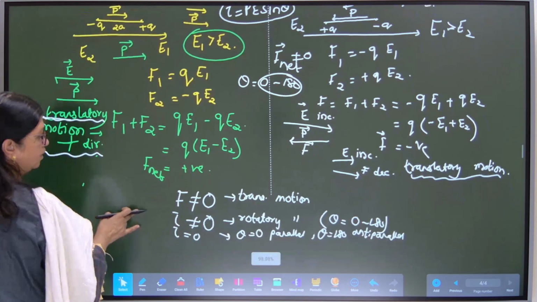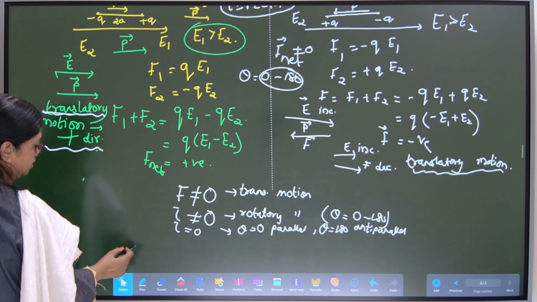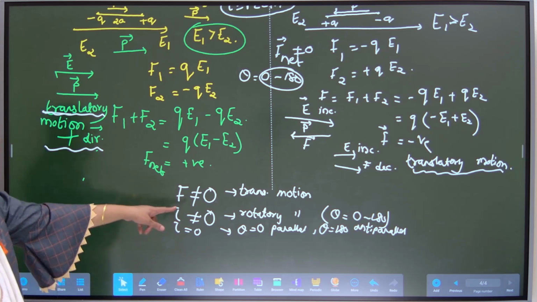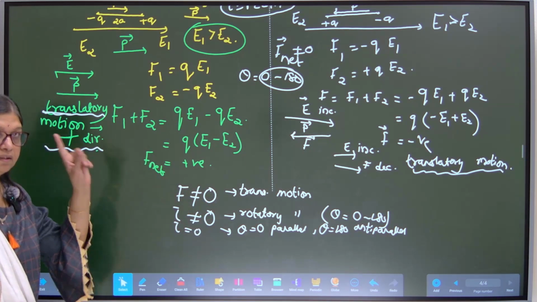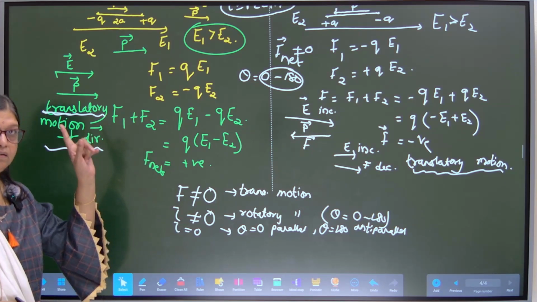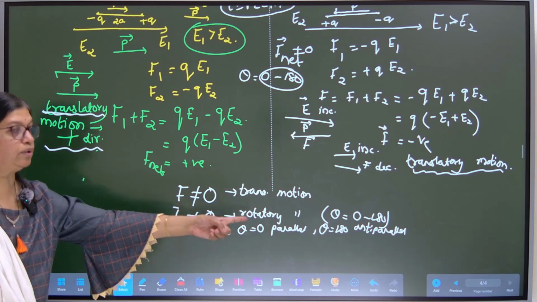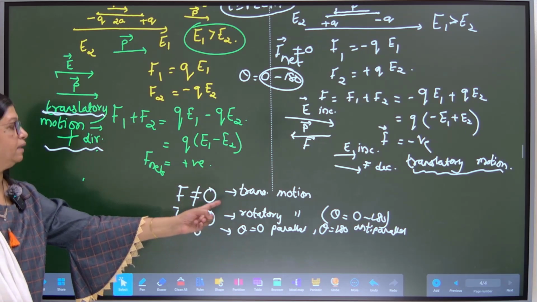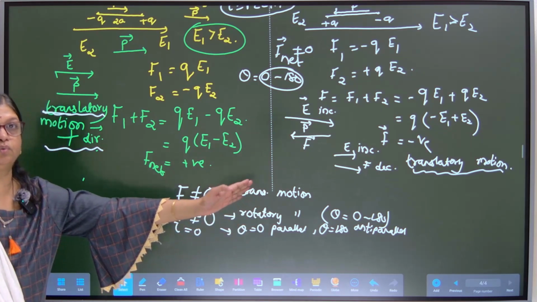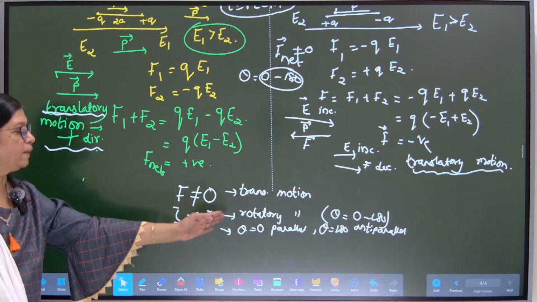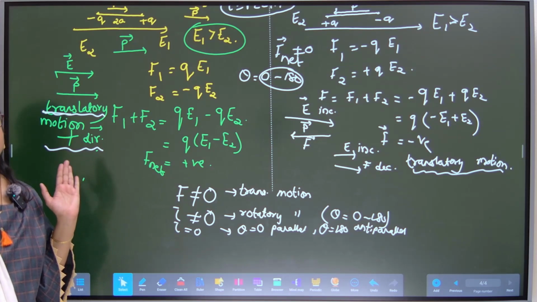Remember them as a complete package of whatever is written here. Force is there? Yes. Tau is there? Yes. Tau is not there when? When theta is equal to 0 or theta is equal to 180. Either you say theta is equal to 0 or parallel, theta is equal to 180, that is anti-parallel. Who are parallel? P and E. And who are anti-parallel? P and E. This is what you have to remember.